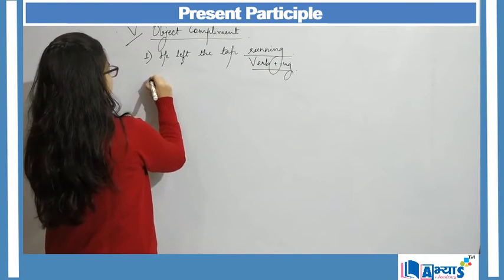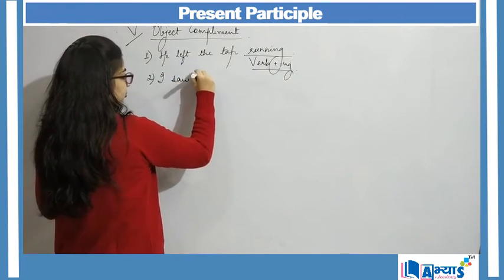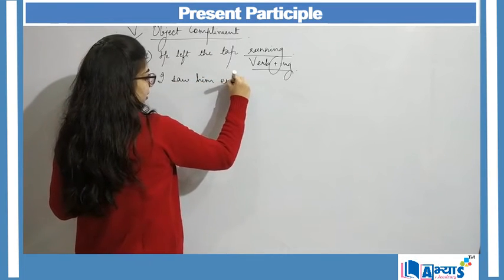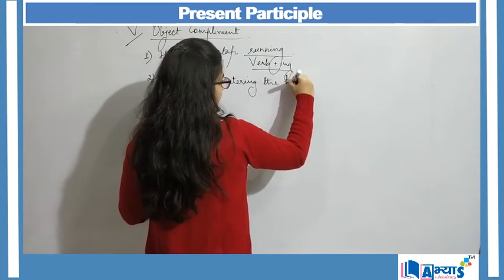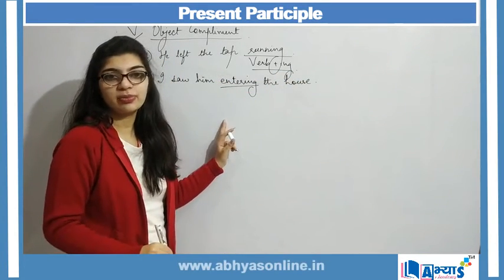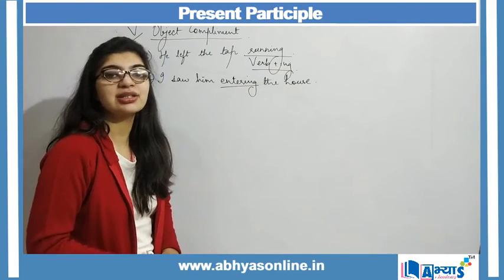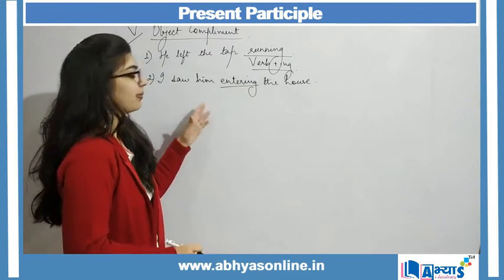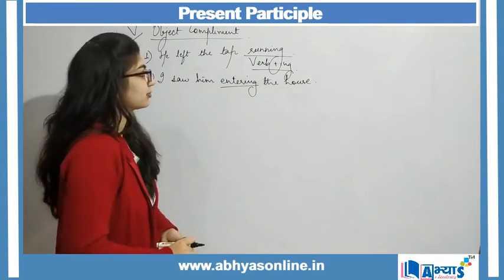Another example can be: I saw him entering the house. Now I saw him entering the house. This is again my object complement. Verb plus ing means that it is a participle form. Therefore, a participle can act as an object complement as well.